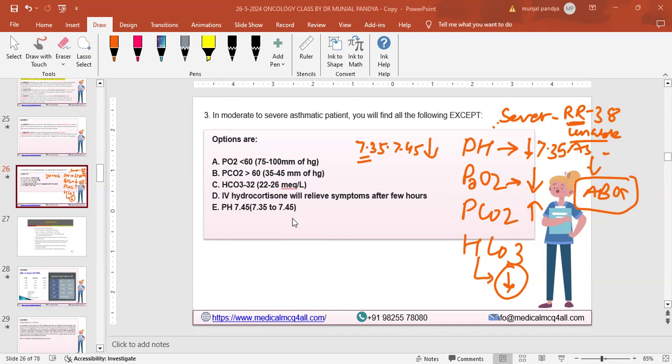In this scenario, bicarb is increasing above the normal level. So it is not possible, because here in asthma we are having respiratory acidosis. So option C is correct, and that is the correct answer.